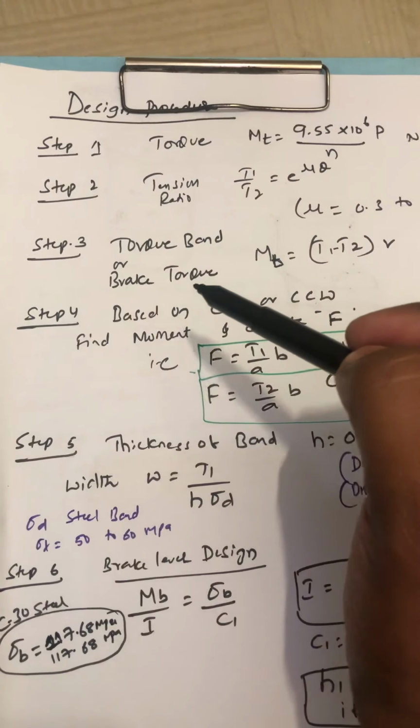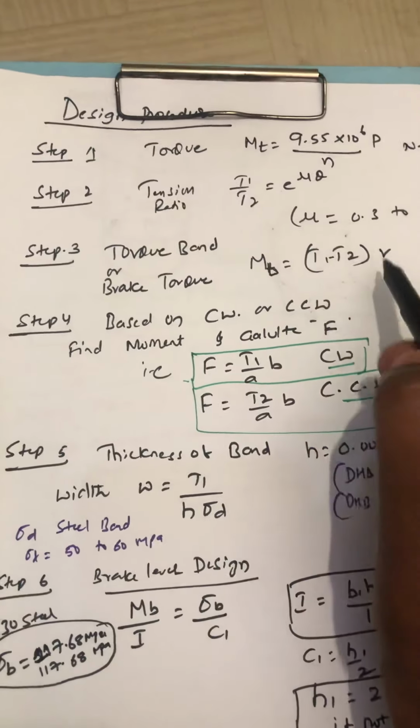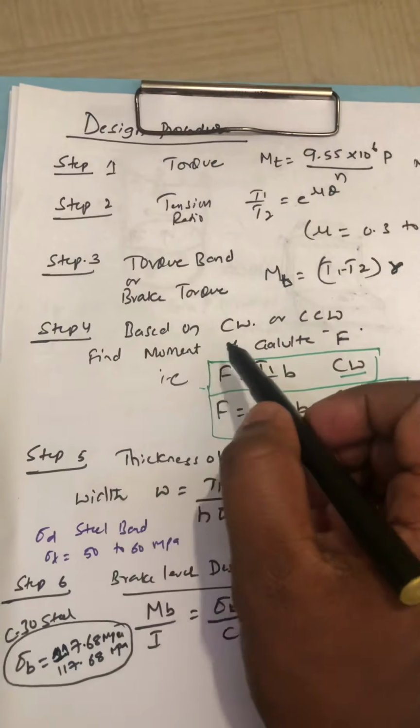Then the braking torque, MB, is equal to T1 minus T2 into R. Based on clockwise or counterclockwise direction, as we saw from this diagram, we'll use this formula: for clockwise T1, for counterclockwise T2.